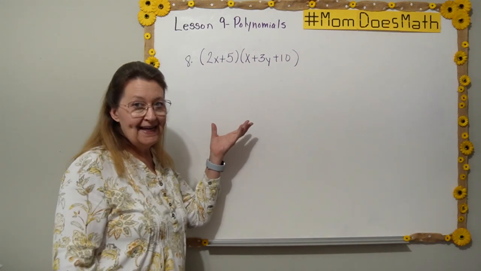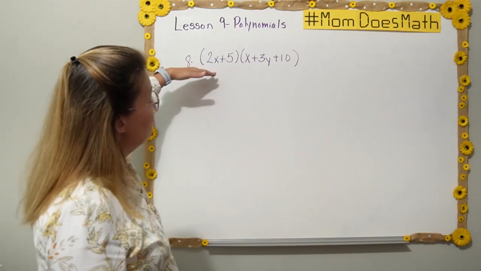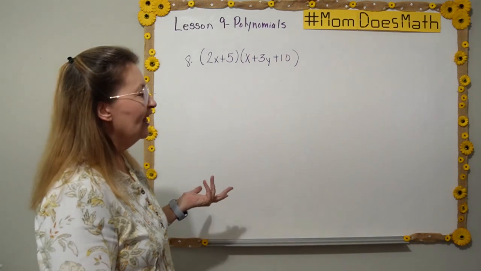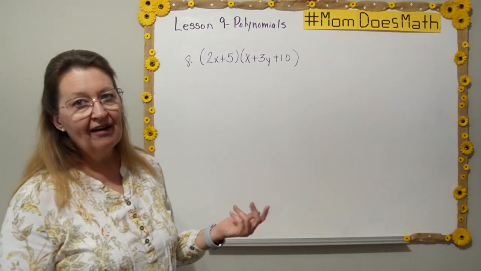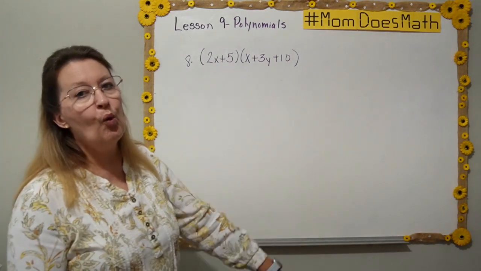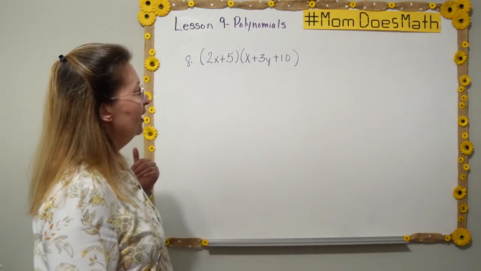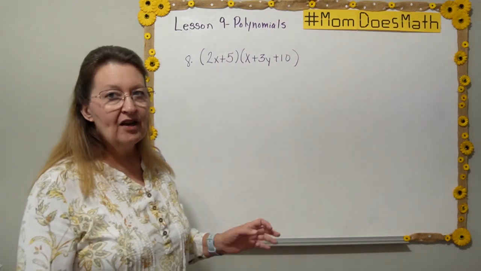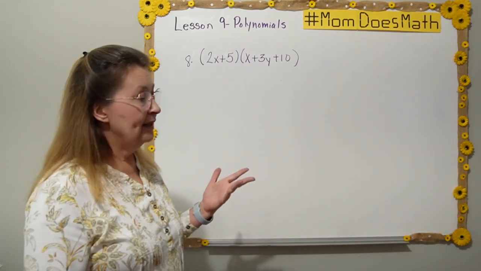Okay, for number 8, what we have is a binomial times a trinomial. Now, the level of difficulty is not any higher, it's just extended. We just have more to do. This is where I tend to write down every single step because I don't want to lose something doing it in my head, all right?